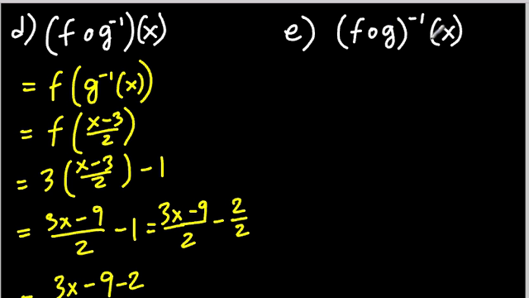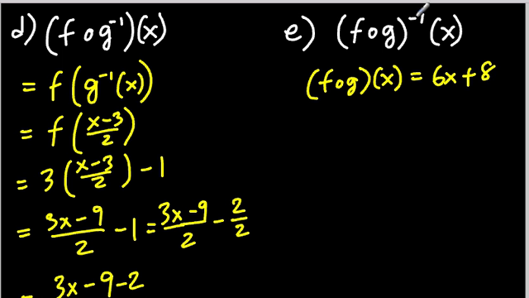Now the inverse is of 6x plus 8. So we know that f of g of x is equal to 6x plus 8. And this negative 1 says we have to find the inverse of this entire thing.